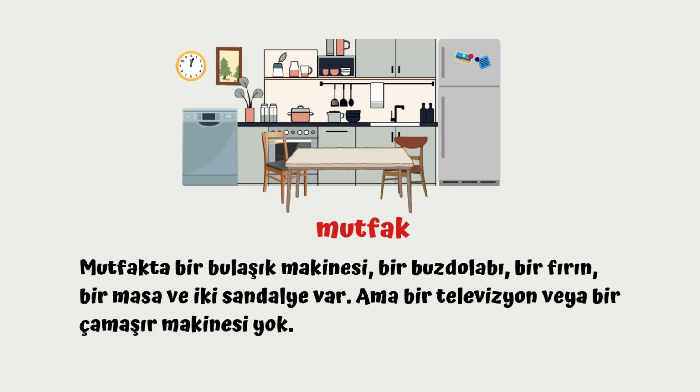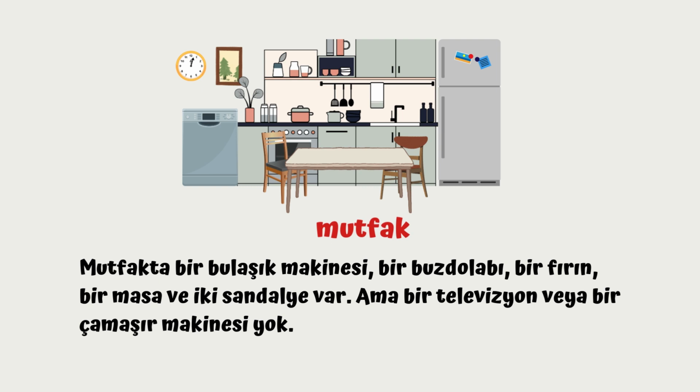So the sentence starts with mutfakta, which means in the kitchen, and then ends with var or yok. And then in the middle, we're just listing the items. Like here, bulaşık makinesi, buzdolabı, fırın, masa, 2 sandalye. So we have 2 chairs. Remember, you don't make sandalyeler. 2, I know it's plural, but we don't make the noun plural.